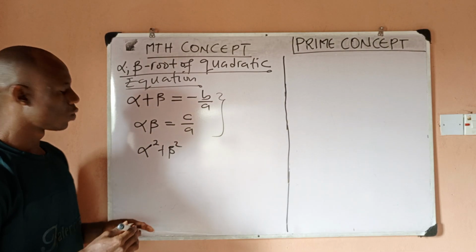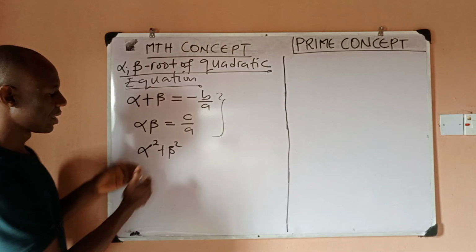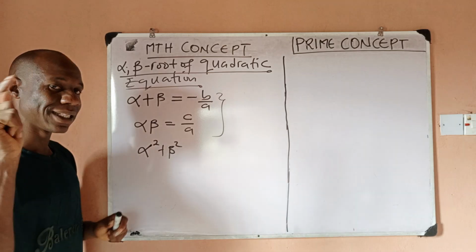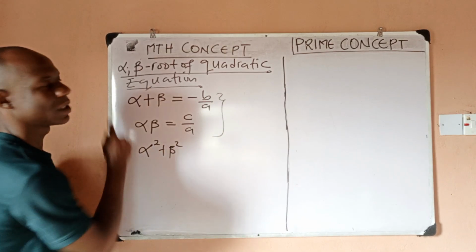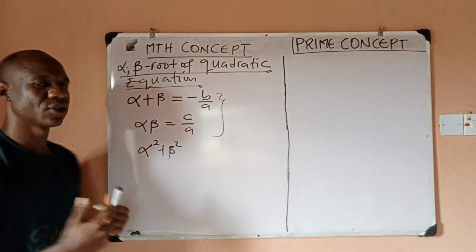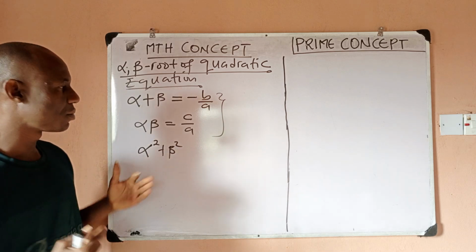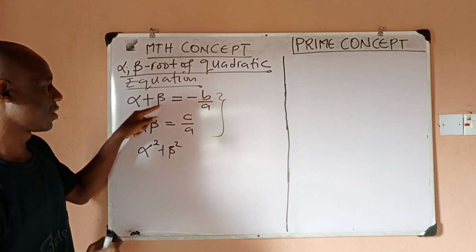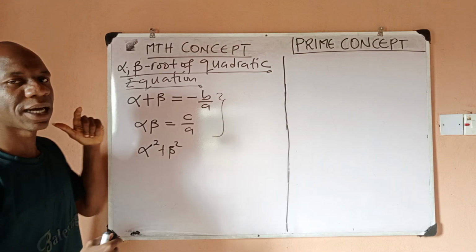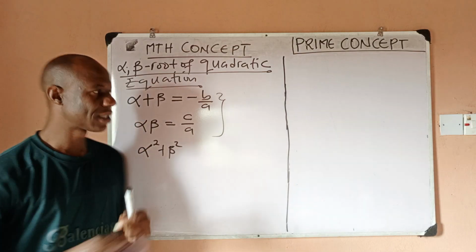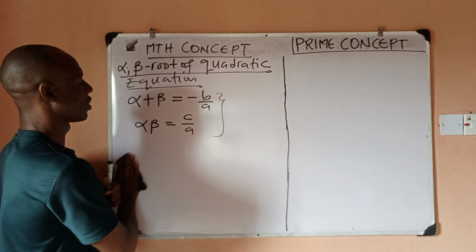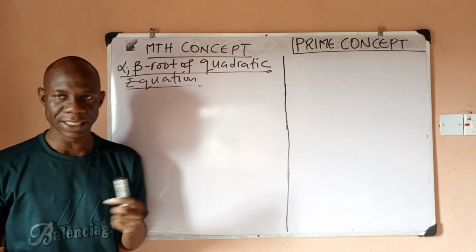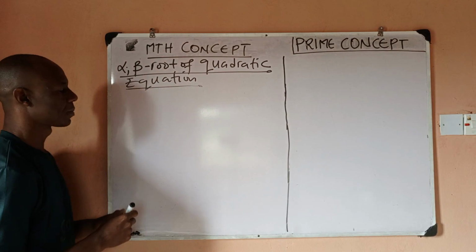It won't. So we want to generate formulas for some other parameters that we can be asked in terms of alpha plus beta and alpha beta. So you would see that every formula I will be deriving now would always have a link with alpha plus beta and alpha beta. So let's look at the several relationships we'll be deriving. I'll derive about 2 or 3 as time permits us.